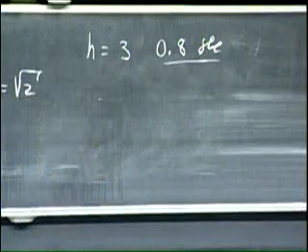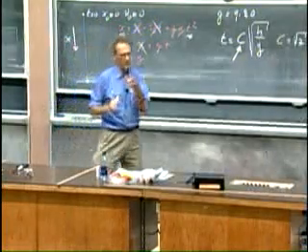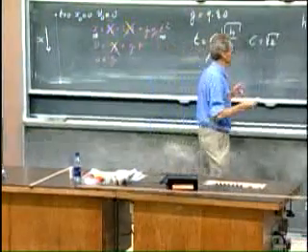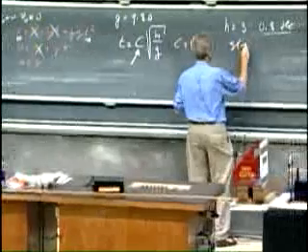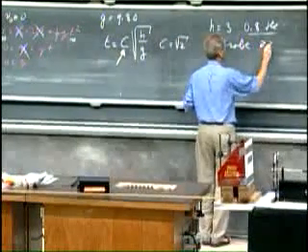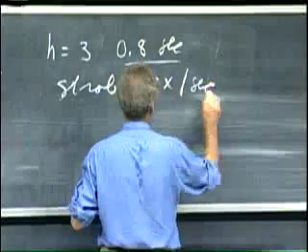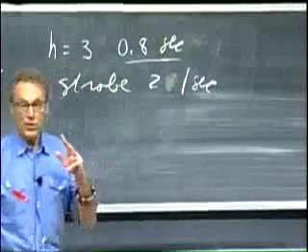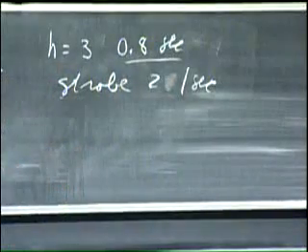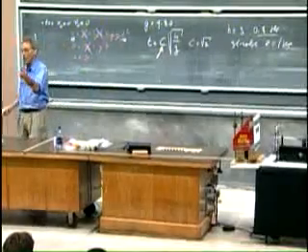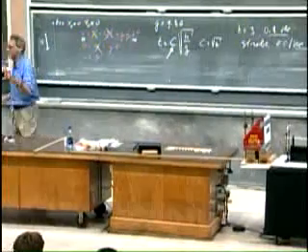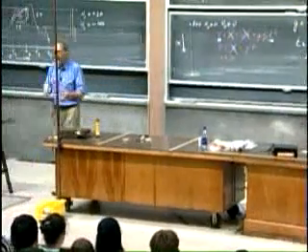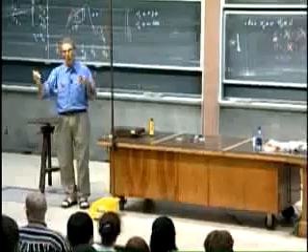If I strobe it twice per second, we call that 2 hertz, so my strobe is 2 times per second, then I should hit that apple when it's falling twice with my strobe light. I don't know where it is though, because when we strobe it and when I let the apple go, the two are not synchronized.